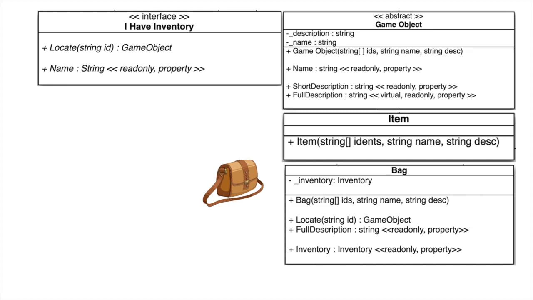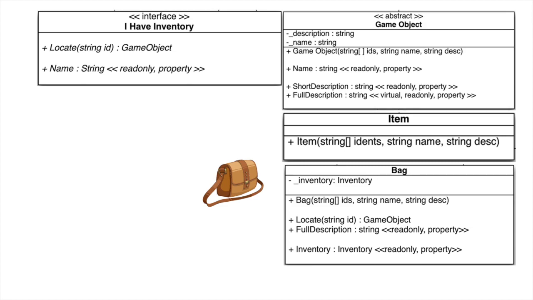Like in this case, both objects might have inventory, but they're a different kind, so it doesn't make sense to logically group them together. Hence, we use the interface. But back to this again, bags can also be treated or polymorphed as the I have inventory interface because it implements that interface.